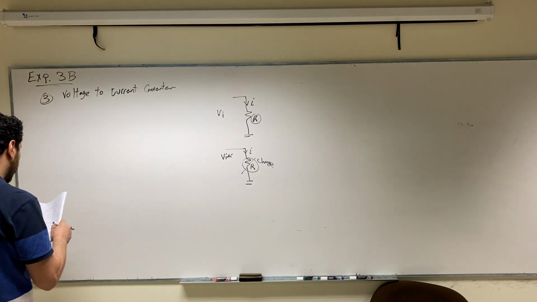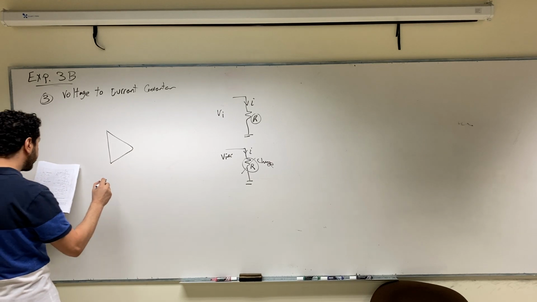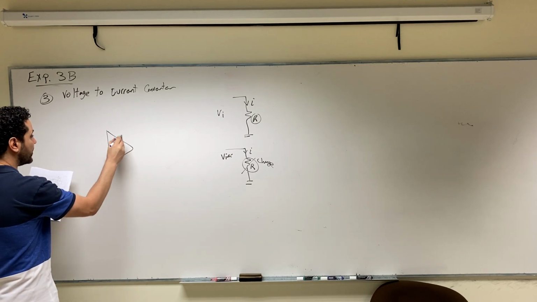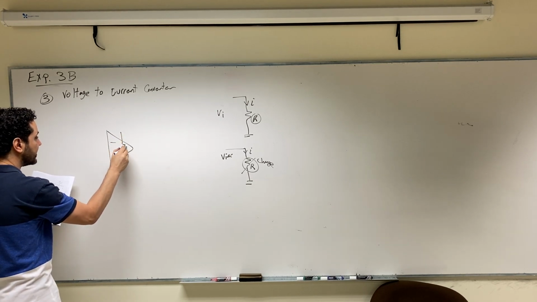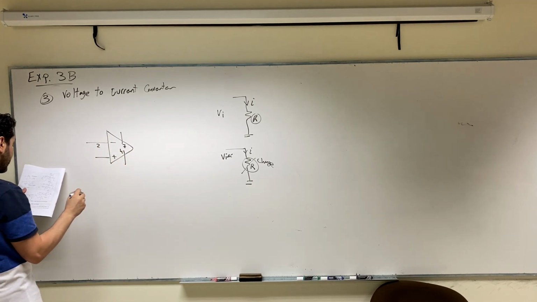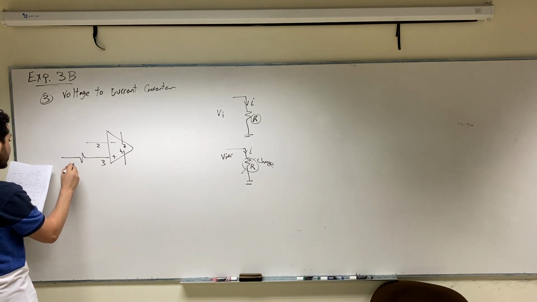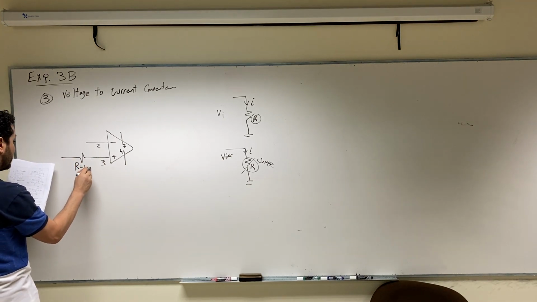How to implement the circuit? The circuit is implemented as follows. This is our OPAMP. I'm not going to connect terminal 7 and terminal 4 as usual. This is terminal 2. This is terminal 3. We are going to connect terminal 3 here to a resistance called R, 10 kilo ohm.